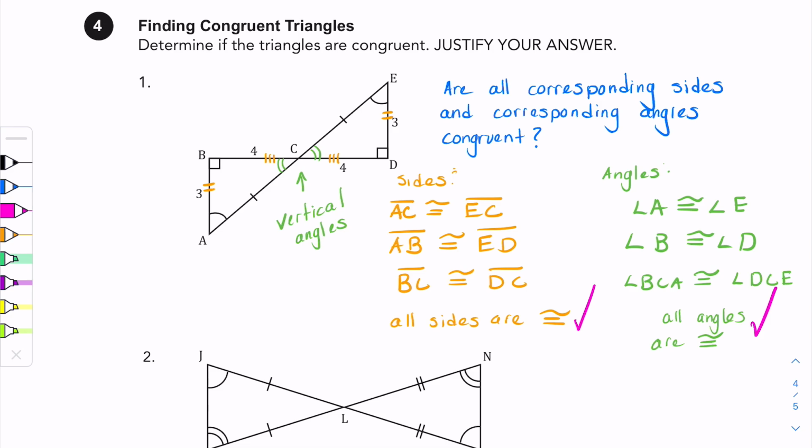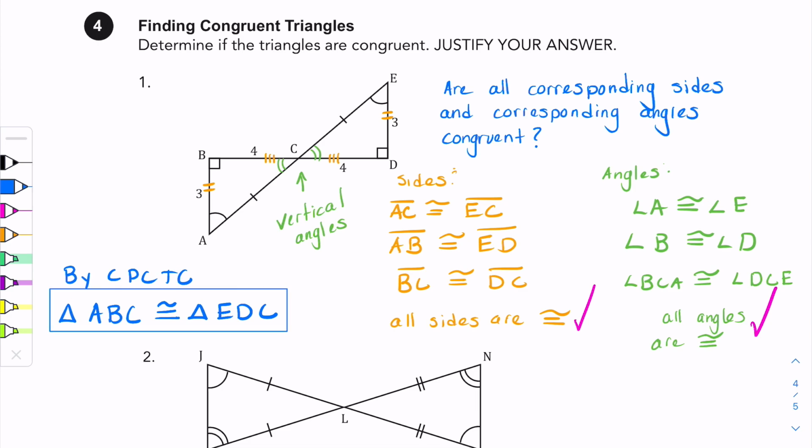So therefore, by CPCTC, corresponding parts of congruent triangles are congruent. We know that triangle ABC is congruent to triangle EDC. This right here is your congruent statement, and that is part of your final answer. So do not forget to include the actual statement.